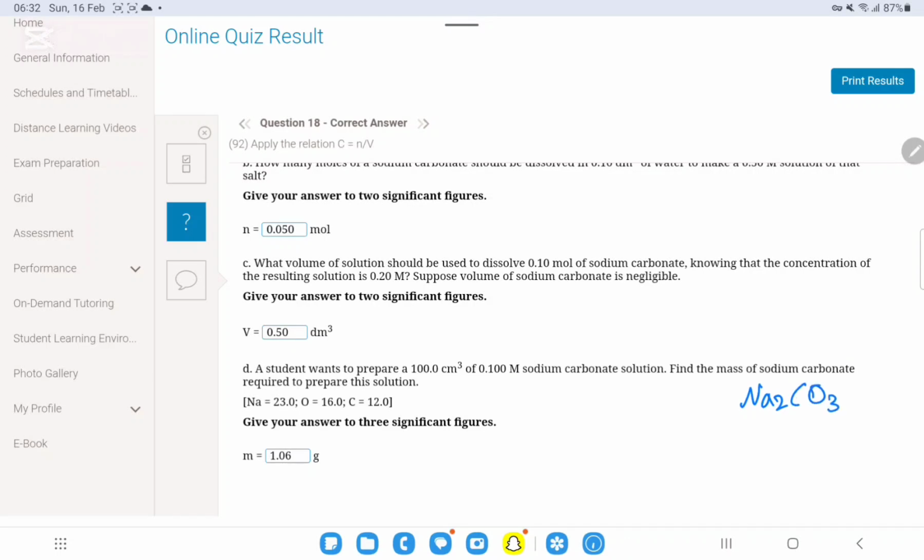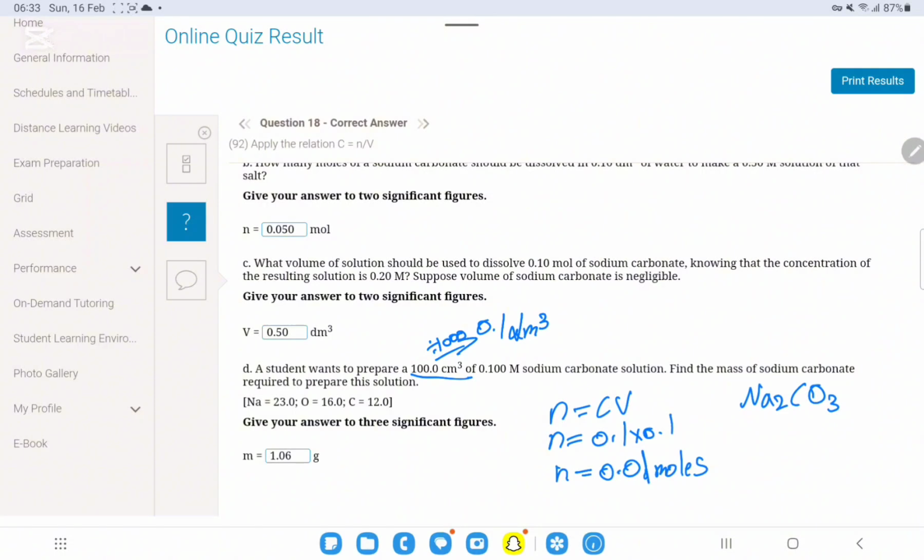So we want the mass, so we first find the moles. 100 centimeter cubed, we want it in decimeter, so you divide by 1000, you get 0.1 decimeter cubed. So N equals CV. The concentration is 0.1, volume 0.1, so 0.1 times 0.1, you get N equals 0.01 moles.